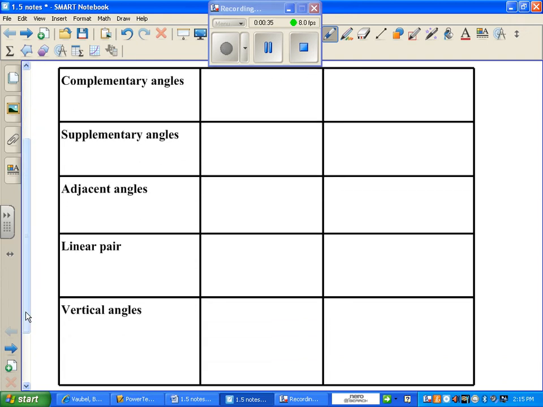I'm going to define adjacent angles first. There are three parts to this definition.